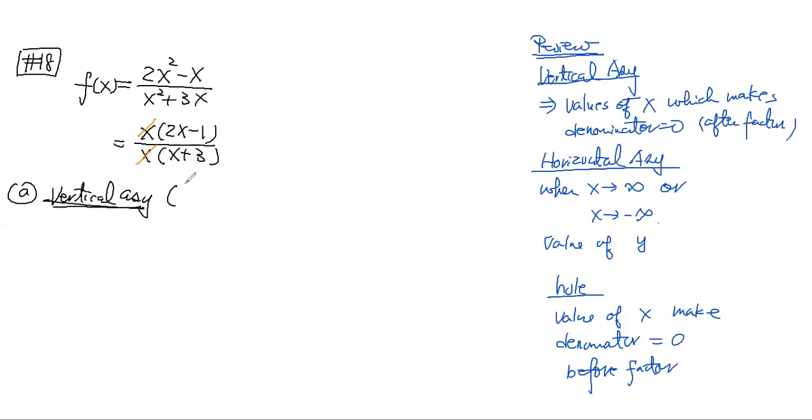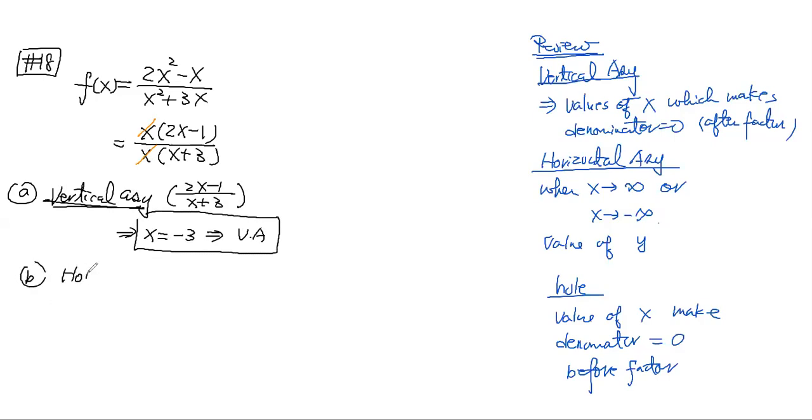So basically you do it like this, after you factor out, right? You look at this simplified fraction. Which one makes the denominator equal to 0? Oh, x equal to negative 3. So this is your vertical asymptote. It's after the factoring, right? Okay, now the horizontal asymptote.